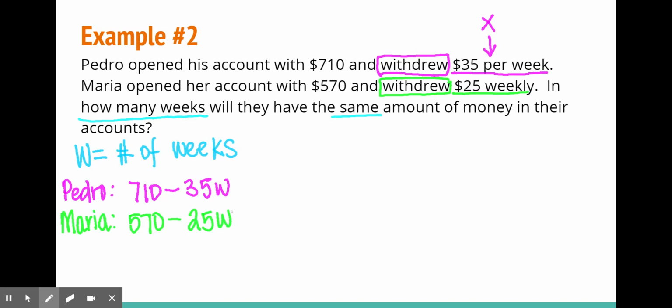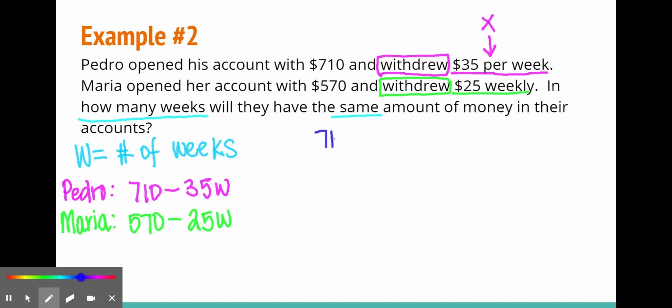Now that I have the equations for how much money they have in their account, I need to go ahead and set up my equation that will show when they will have the same amount of money. Pedro and Maria will have the same amount of money when those two equations are equal to each other.